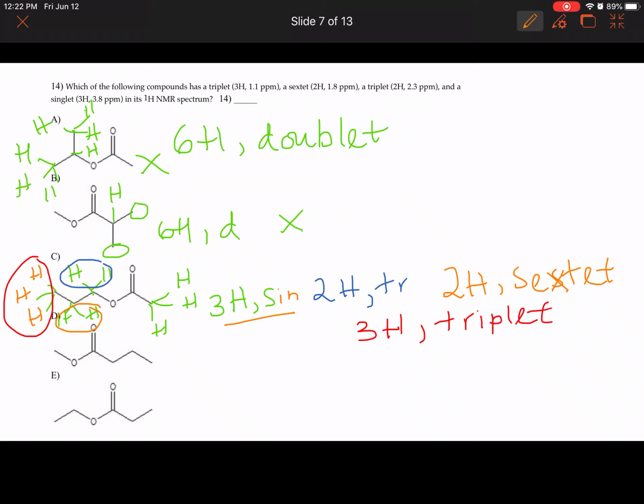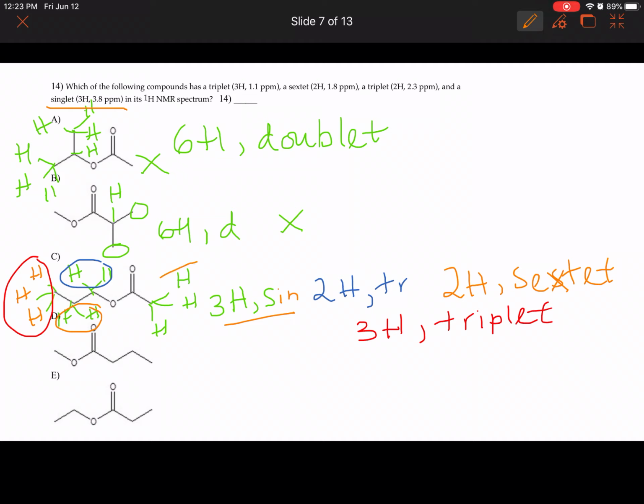But wait, let's look at D also. We also have to match the chemical shift values. So here, the 3 hydrogen singlet, where does it appear? It appears at 3.8 ppm.